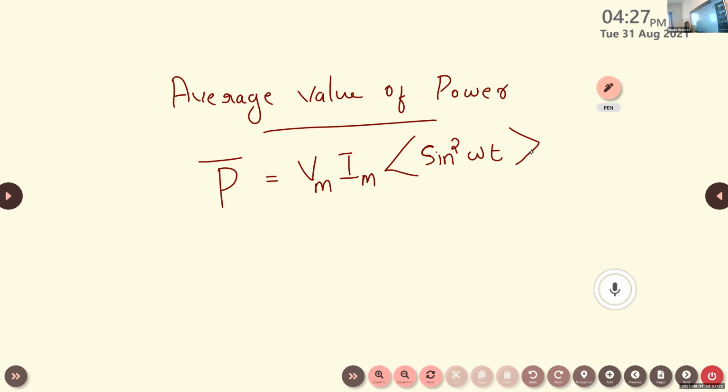But the average of sine square omega t is equal to 1 by 2. The value is already provided in your textbook. The average value of sine square omega t is equal to half.